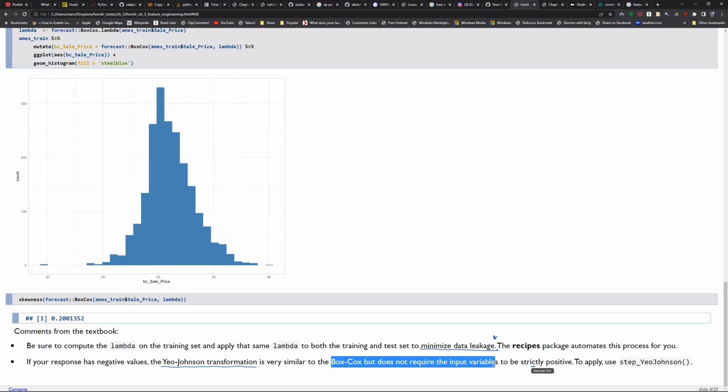So another method you can use when you have negative values is what is called the Yeo-Johnson transformation, okay? If you use the recipes package, you can use step_YeoJohnson to apply more or less a similar procedure as Box-Cox, but it can handle negative values.